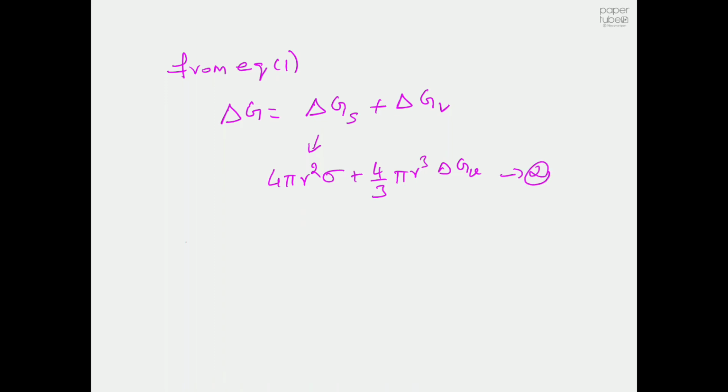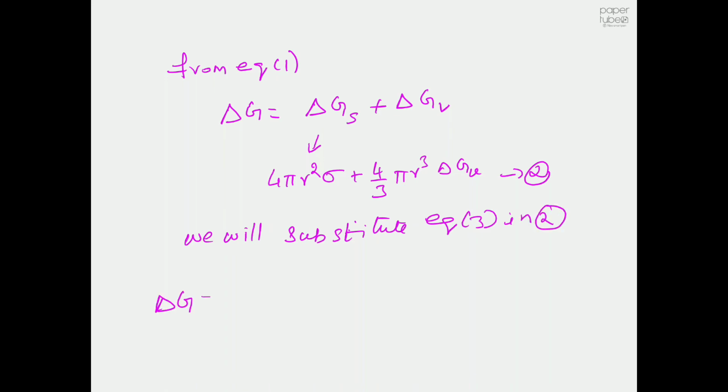So what we are going to do is substitute equation 3 into equation 2, so delta G will be equal to 4 pi r squared sigma.